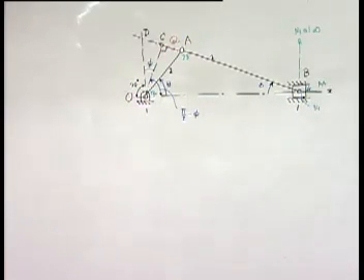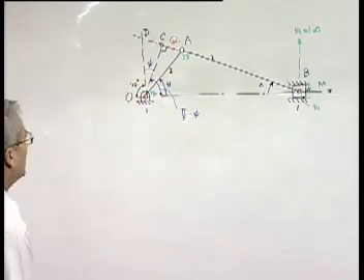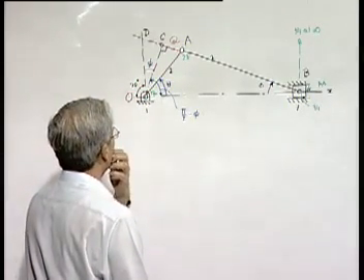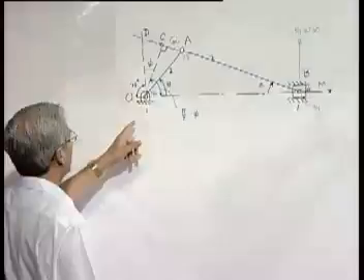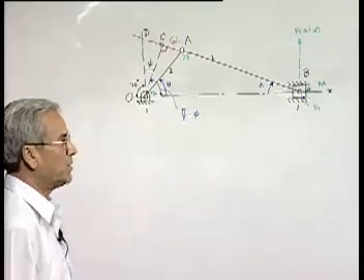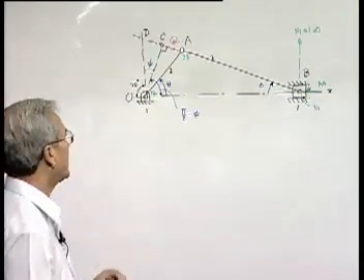Now, we know from Kennedy's theorem that finding an instantaneous center between two objects can be done by using this theorem: the three relative instantaneous centers between three bodies must lie in one straight line.